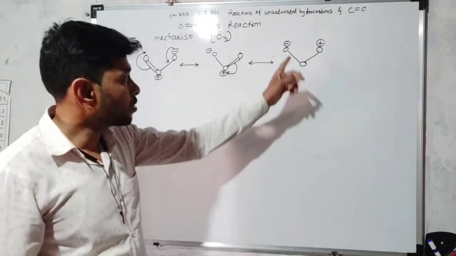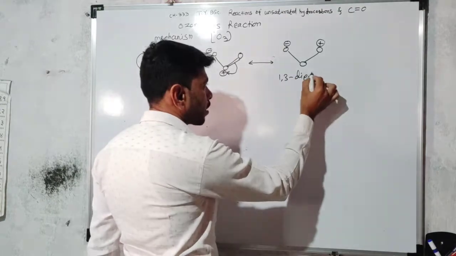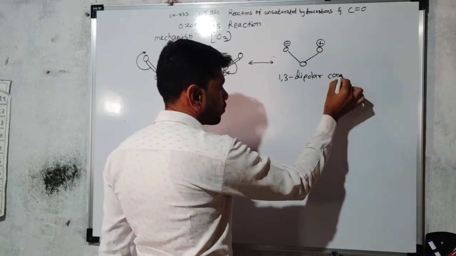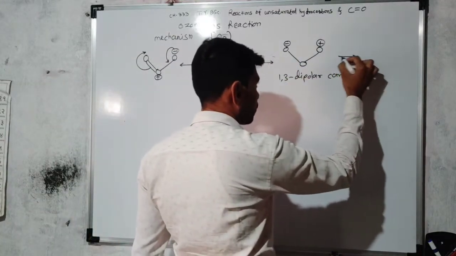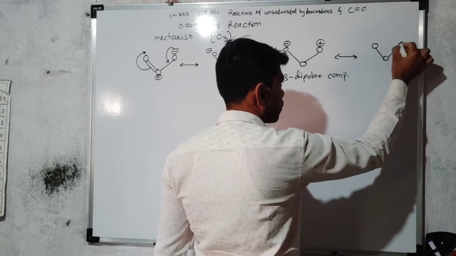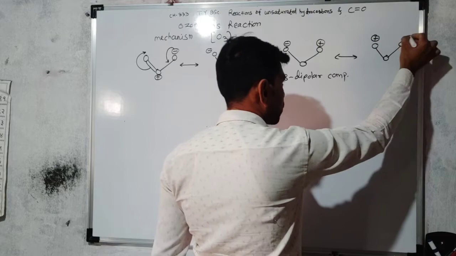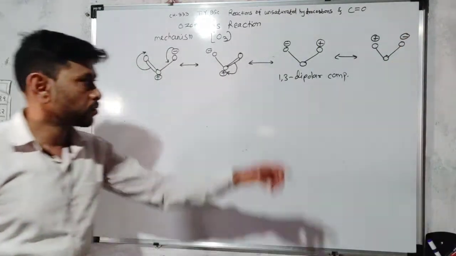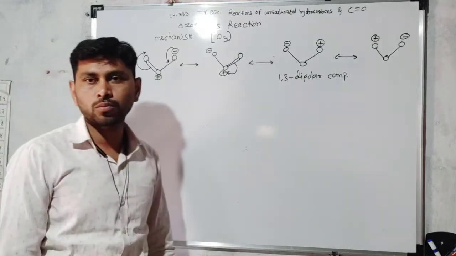So now this is a 1,3 dipolar compound, with an octet. This structure may be represented in this way: oxygen, this oxygen gets a positive charge, this one gets a negative charge. So all these are canonical forms or resonating structures of the ozone molecule.